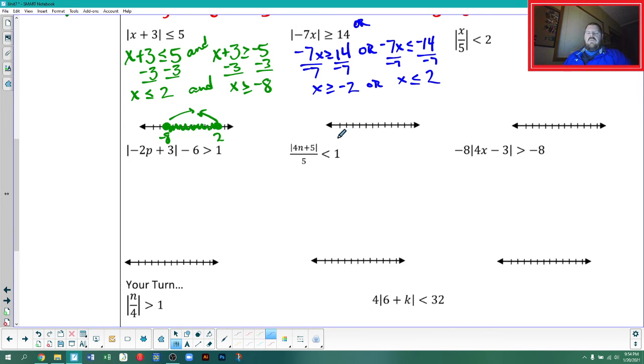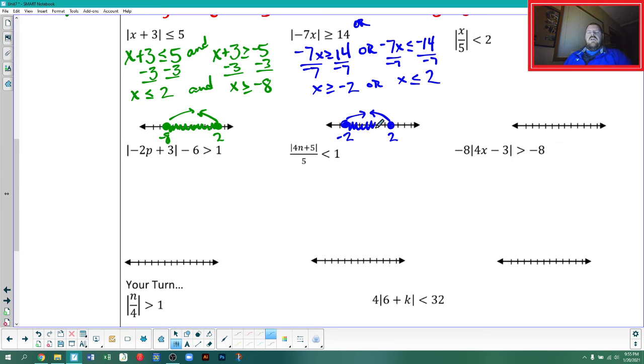I'm going to put a little more space between these than I really need because I do want to see what's going on here. Greater than or equal to, that means closed circle, and I want numbers bigger than -2, and I want numbers smaller than +2. Remember, an OR is shade both of them, so I don't even really have to do any pencil work.